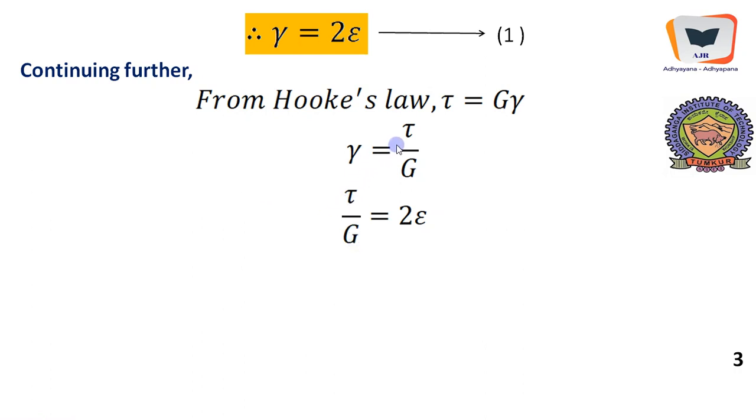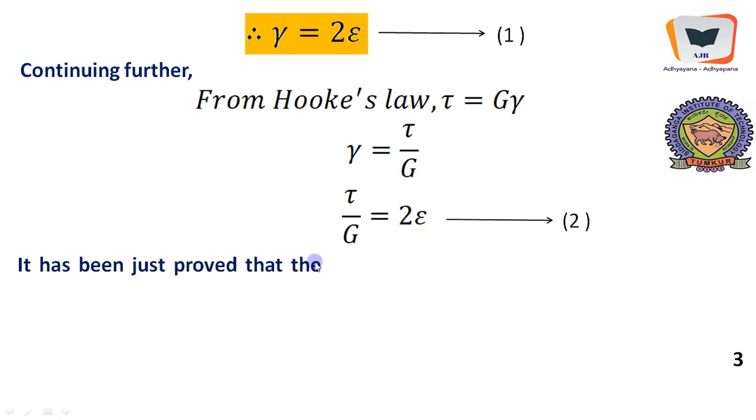Therefore, tau by G equal to 2 epsilon. That we have already proved. So, gamma equal to tau by G, and gamma has already been proved as 2 times the linear strain. Therefore, tau by G equal to 2 times epsilon. Therefore, we are bringing in a relationship between shear stress, rigidity modulus and linear strain. So this happens to be another significant equation.